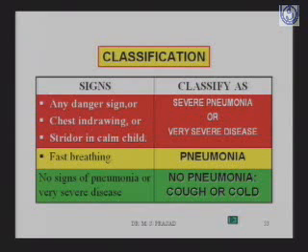In classification, whenever we start classifying, we always try to look for the signs in the red row first. So first, you will notice whether there is any general danger sign. If at least one, it could be more than one also, if a general danger sign is present, or chest indrawing is present, or stridor is present, then the classification is severe pneumonia or very severe disease in the pink row.